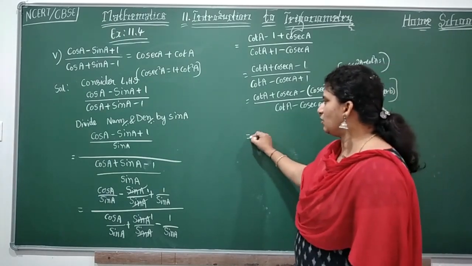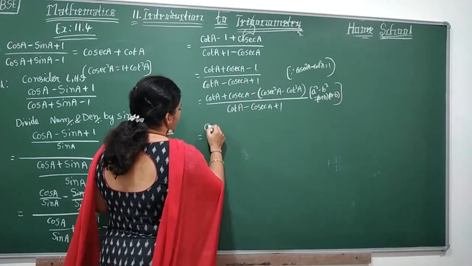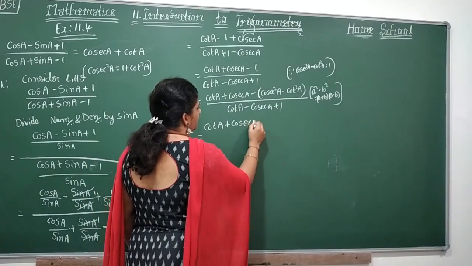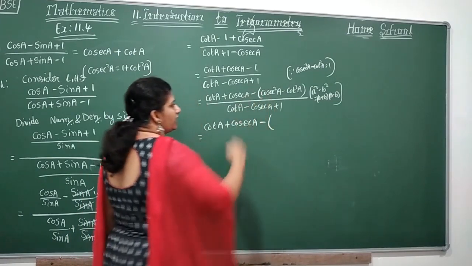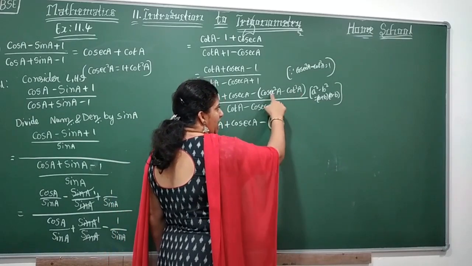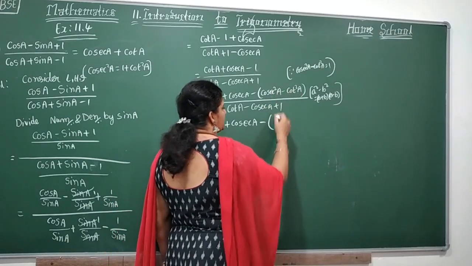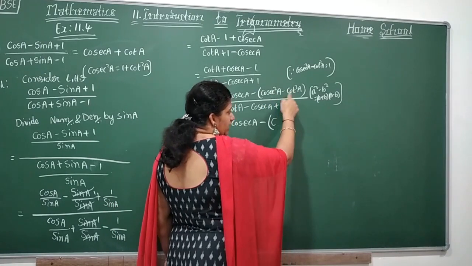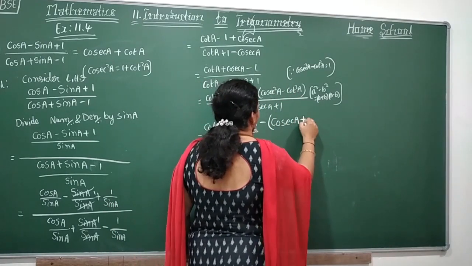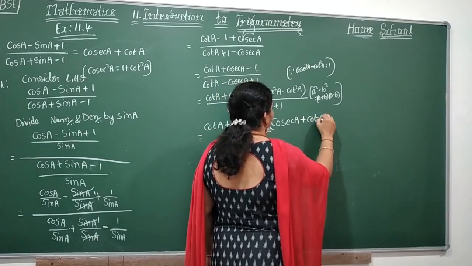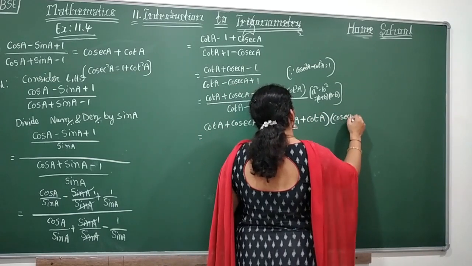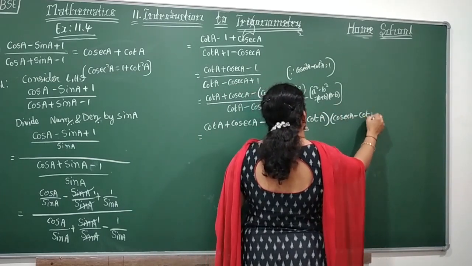So this is equal to cot A plus cosecant A minus, look here, keep brackets, A square minus B square formula, A plus B into A minus B. Yeah, A value is cosecant A, B value is cot A. Cosecant A plus cot A into cosecant A minus cot A.